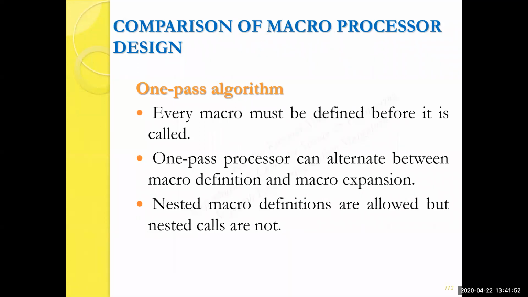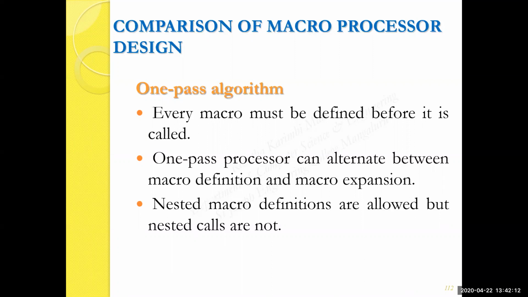We shall now compare the algorithm for the one-pass macroprocessor with that of the two-pass. The one-pass macroprocessor algorithm requires that every macro is defined before it is called. In other words, in the source program, macro definitions should be present before macro invocations.